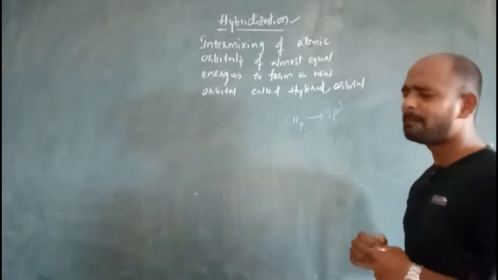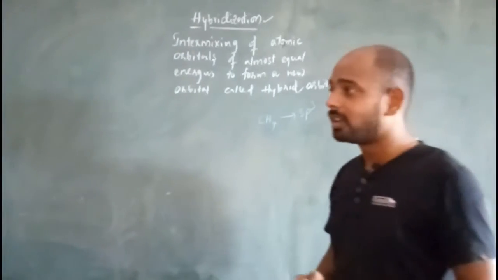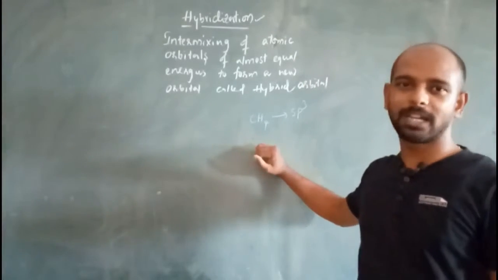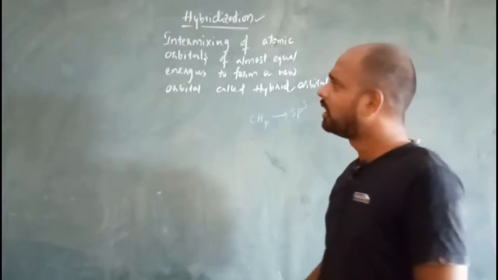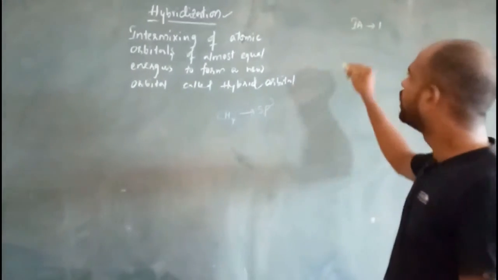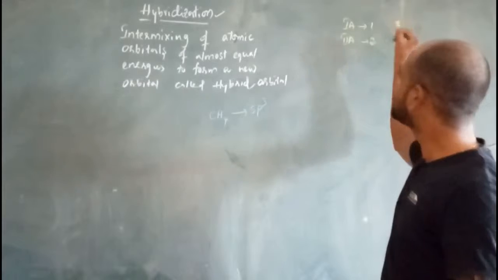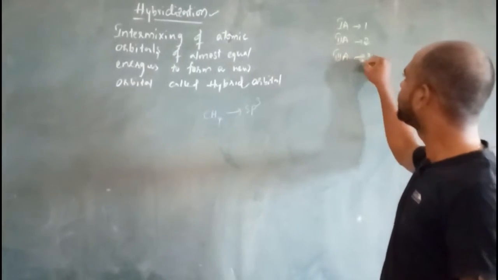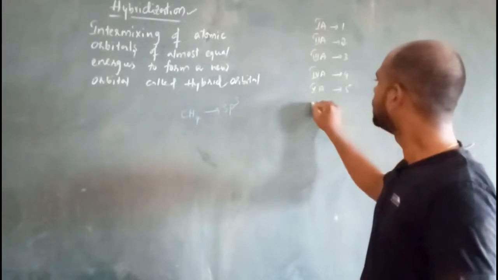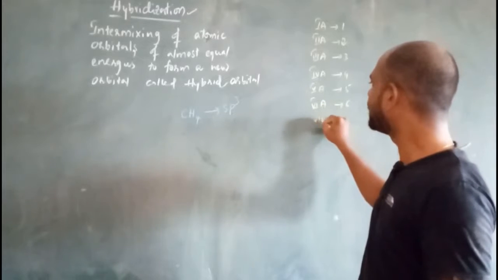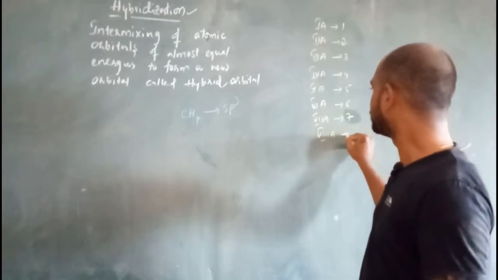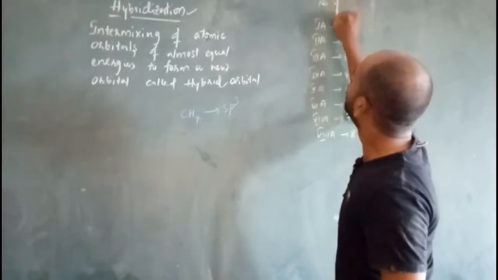But here is a simple trick. The condition is you should know the number of valence electrons of each and every element participating in the hybridization. 1A group elements have 1 valence electron, 2A group elements have 2 valence electrons, 3A group 3, 4A group 4, 5A group 5, 6A group 6, 7A group 7, 8A group 8.